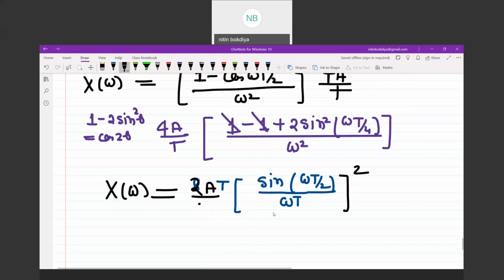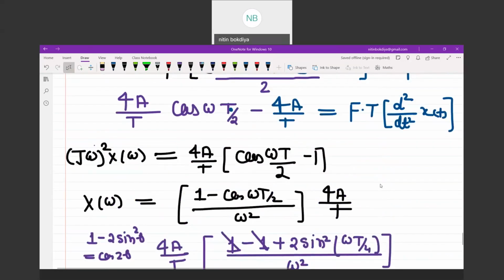This will be 2 and this will be 2. These are all constants.